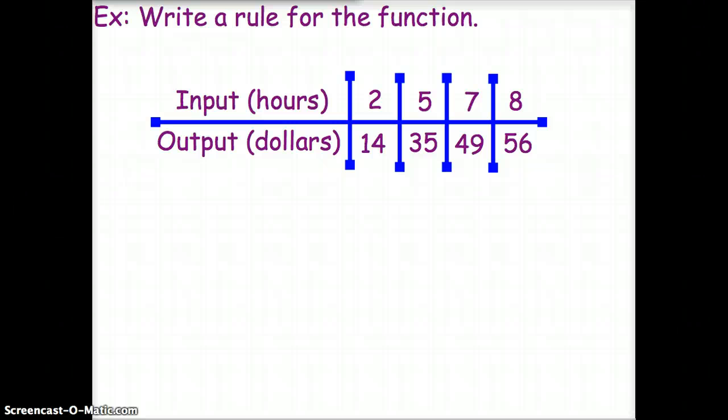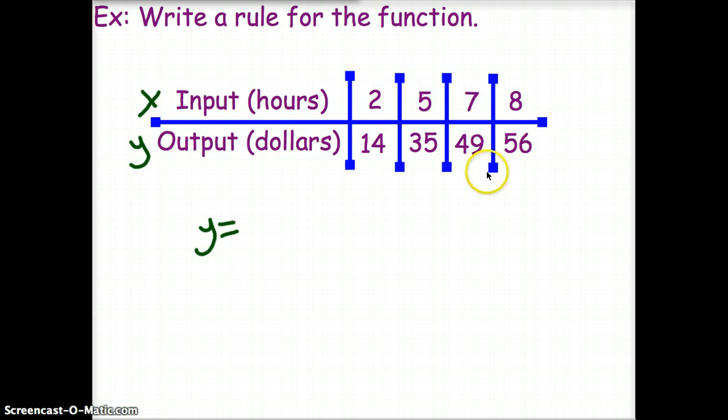Our last piece of this section is writing rules for functions. Looking at this function right here, recall that the input is our x value and the output is our y value. So we want to write an equation where y equals something happening to x. I've got 14, 35, 49, 56.